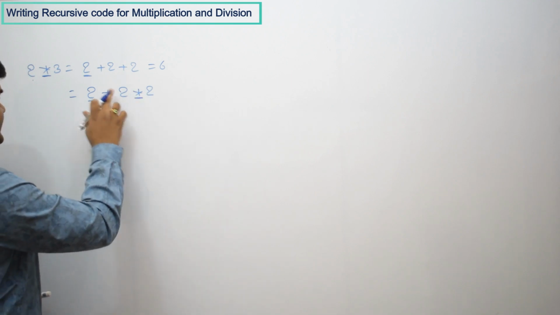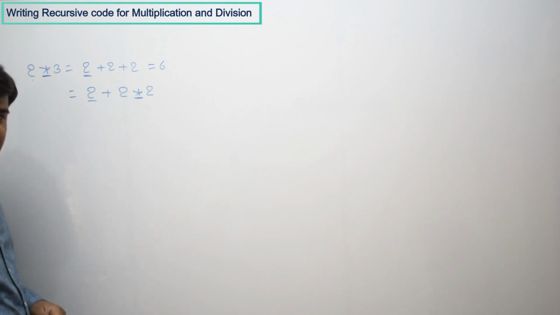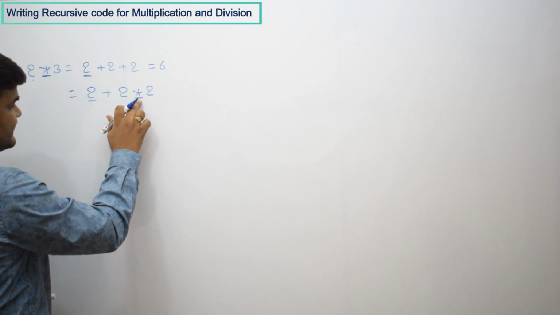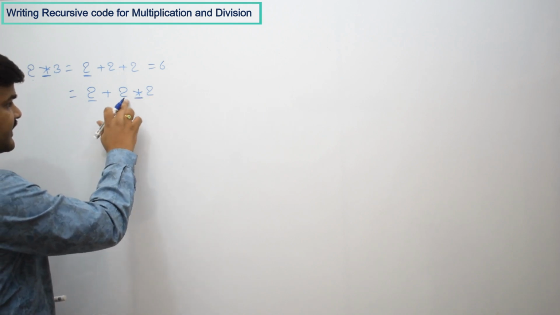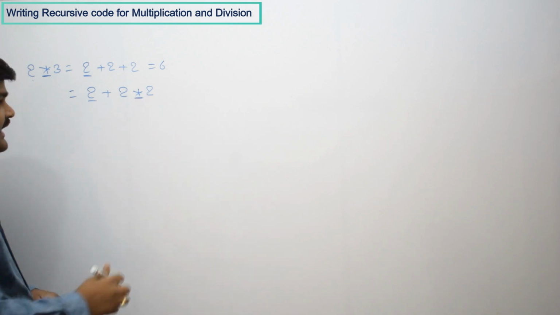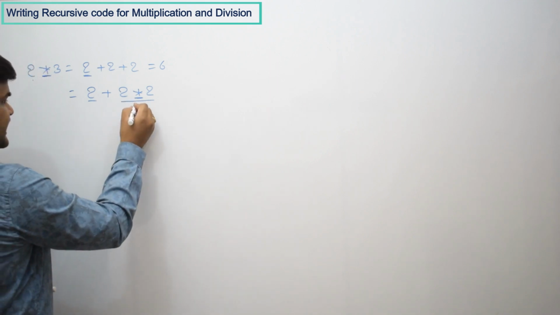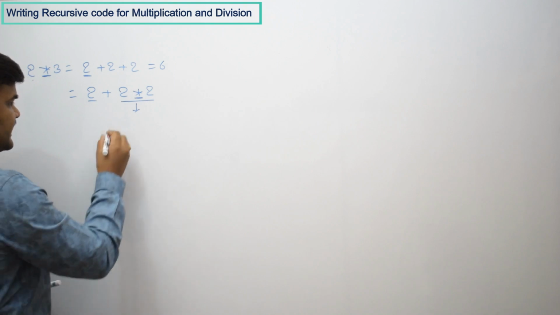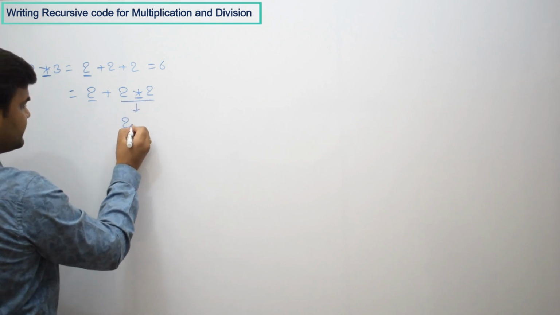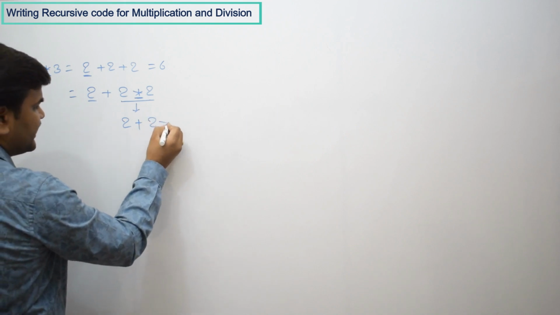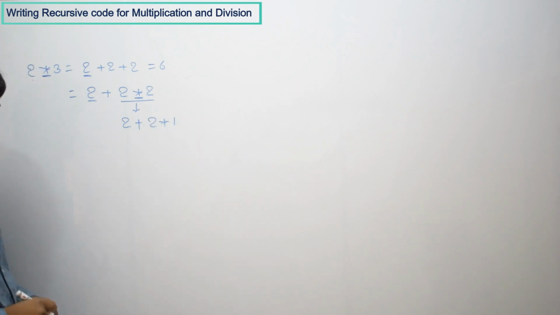If it is the first main function call, then after doing some work you are again calling the same function, but with different parameters. Now you have to find the answer for this. If you add 2 one time, then how many times do you have to add? Only one time you have to add 2.